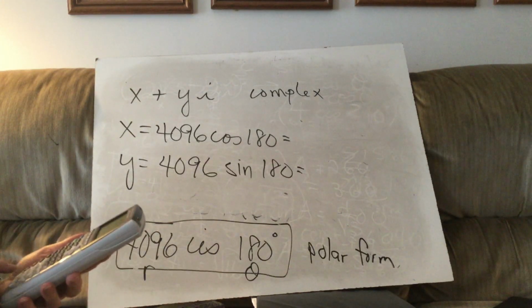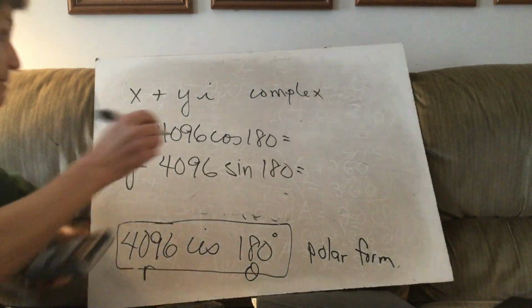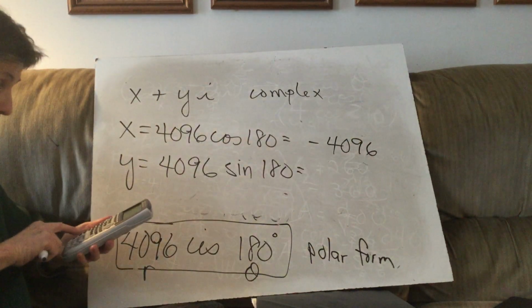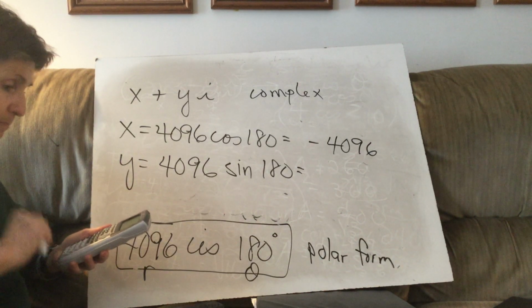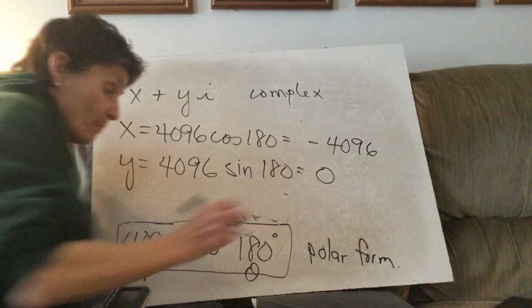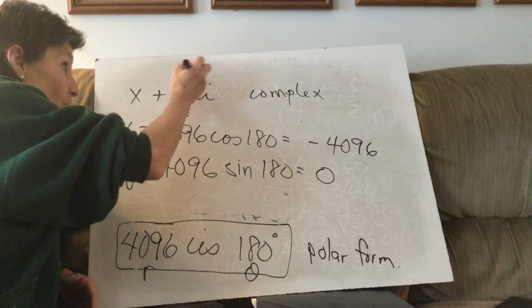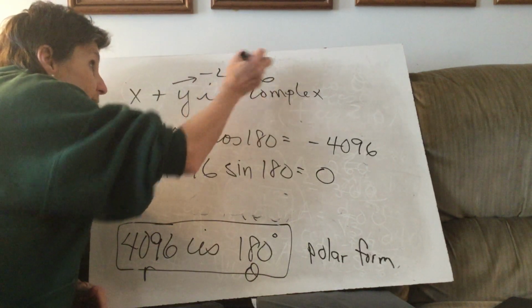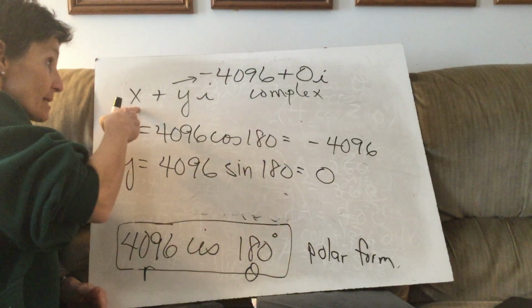So 4096 cosine 180 is negative 4096, and 4096 sine 180 is 0.